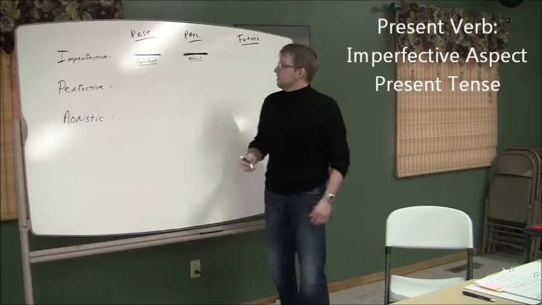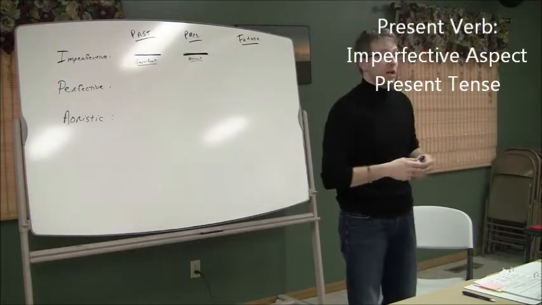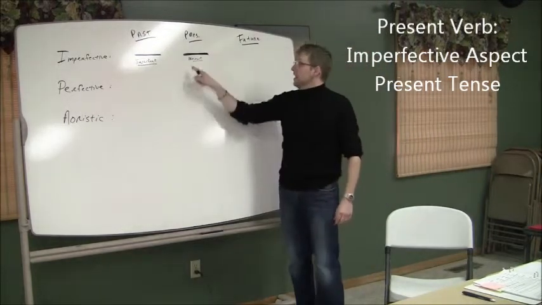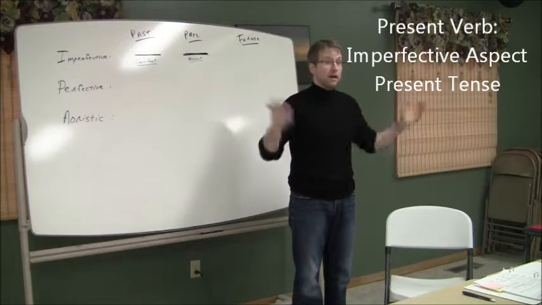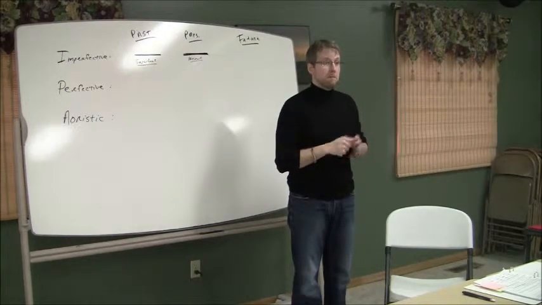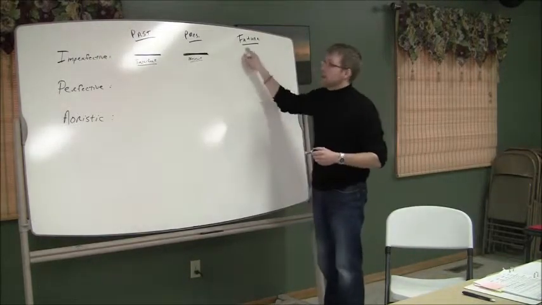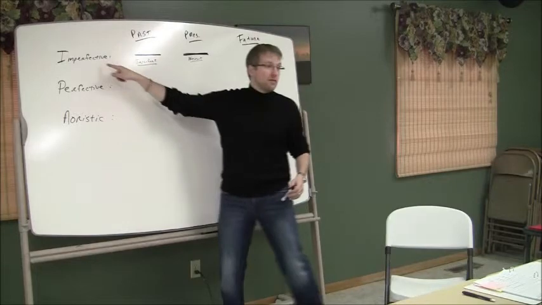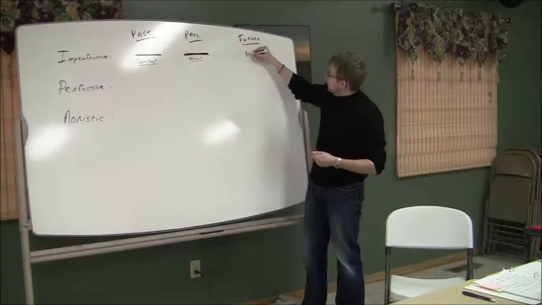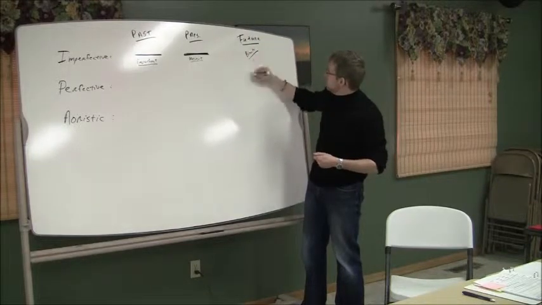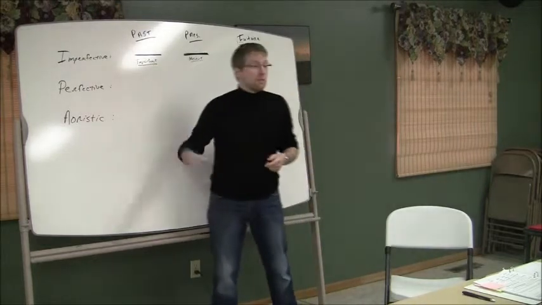So when you look in your e-Sword and your tools, if it says it's present tense, it is happening right now and it's a continuous duration of action. That makes sense? Now, in the future there really is no imperfective future, so we're going to leave this one blank, or non-applicable.